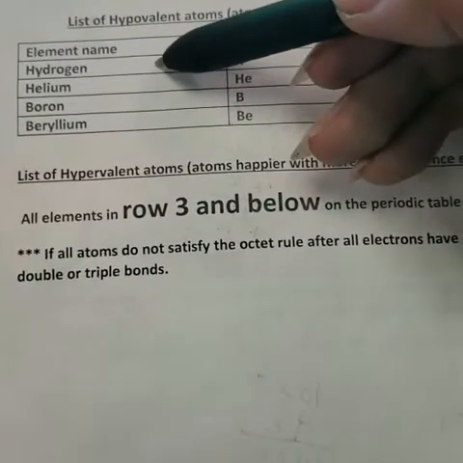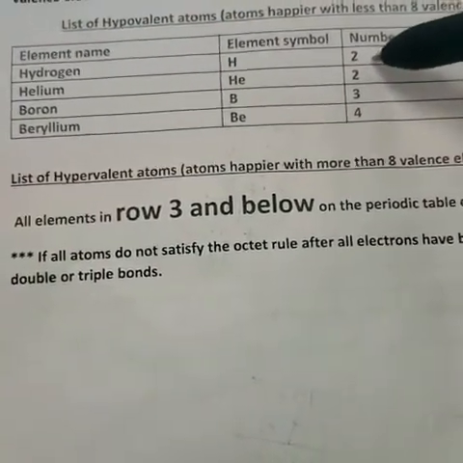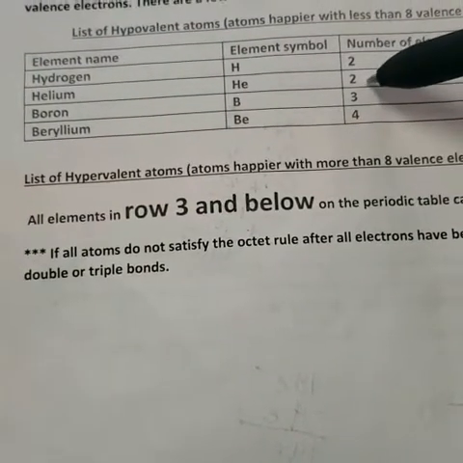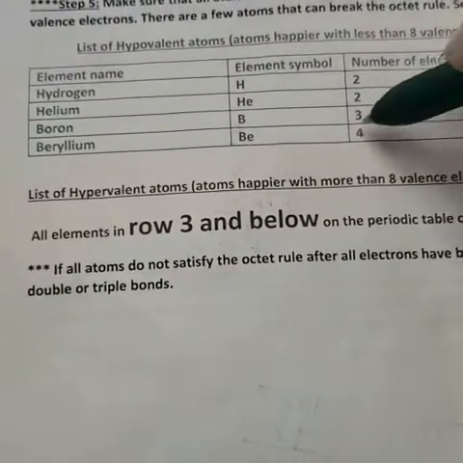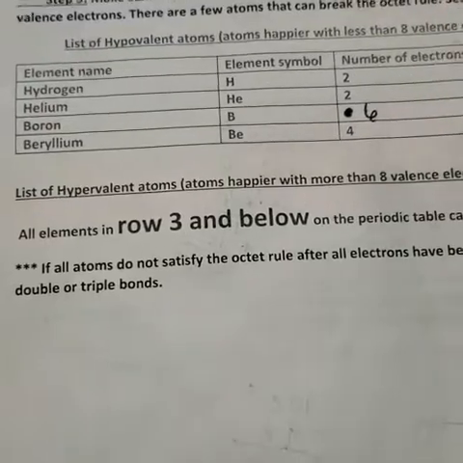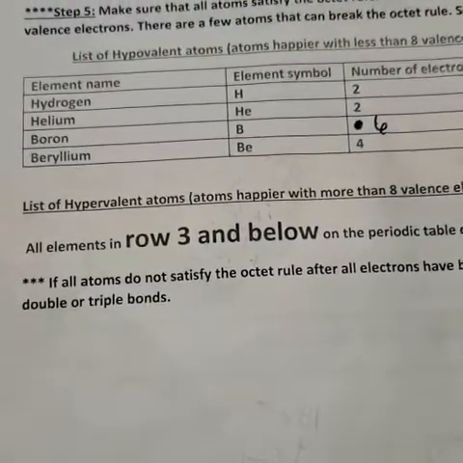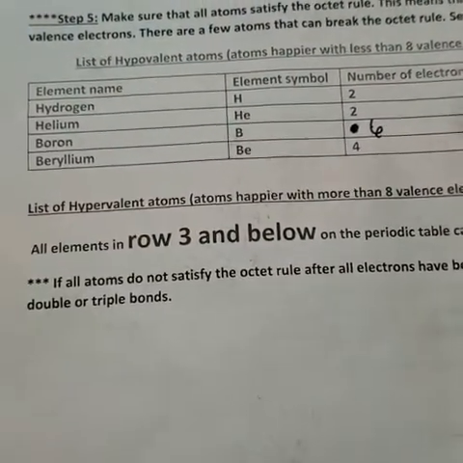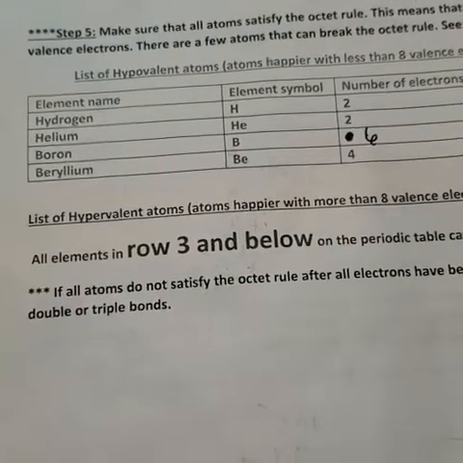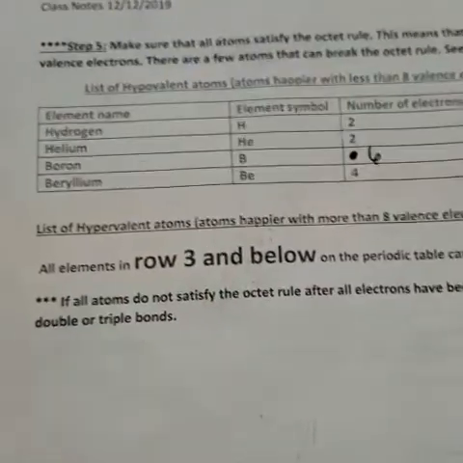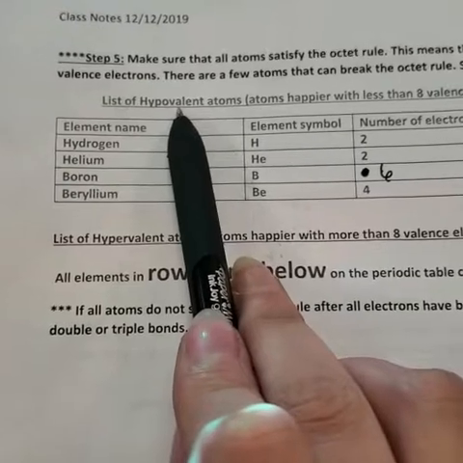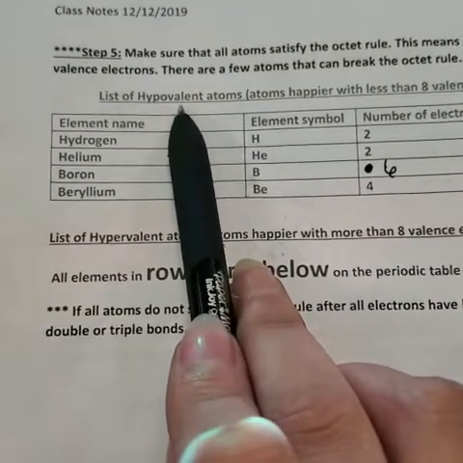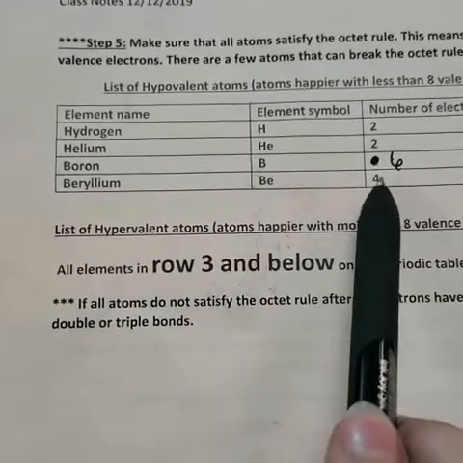So hydrogen is happy with 2 valence electrons. Helium is happy with 2. Boron, this is a typo, you guys should have corrected it. Boron is happy with 6 valence electrons, not 3 but 6. And beryllium is happy with 4 valence electrons. So those are what we call hypovalent exceptions. They do not need to have 8. They're happy with these amounts.